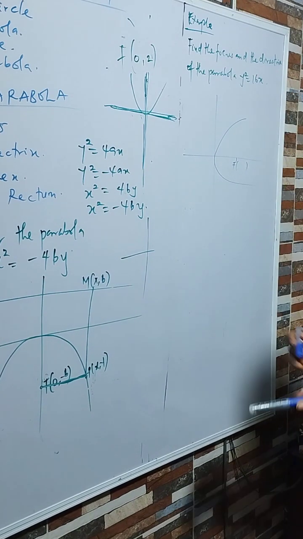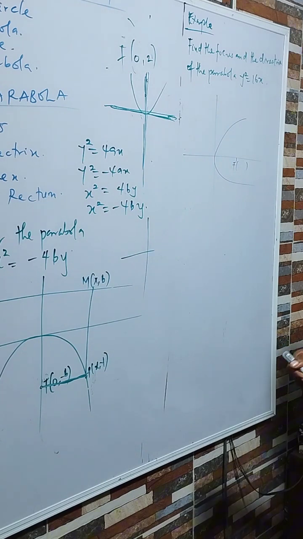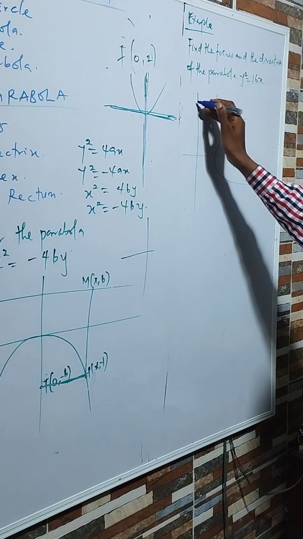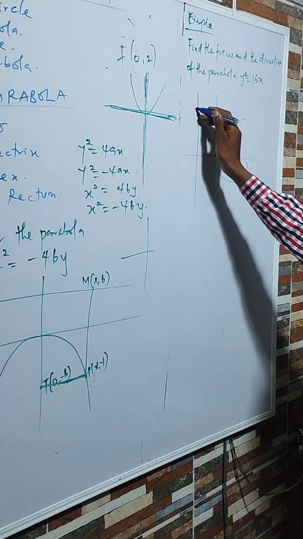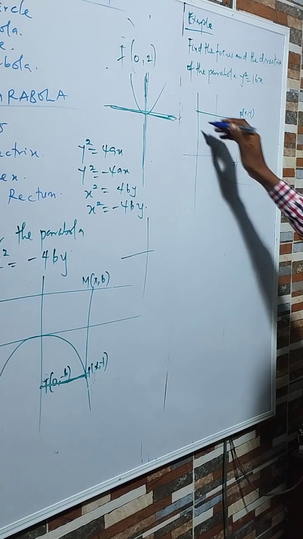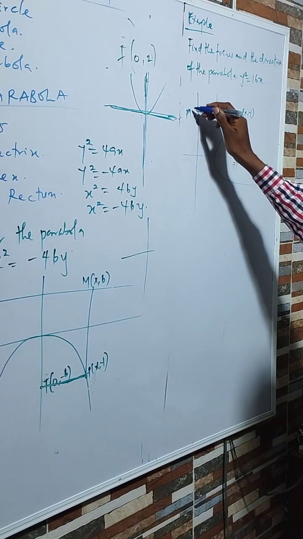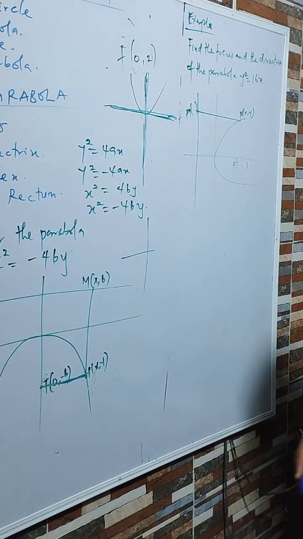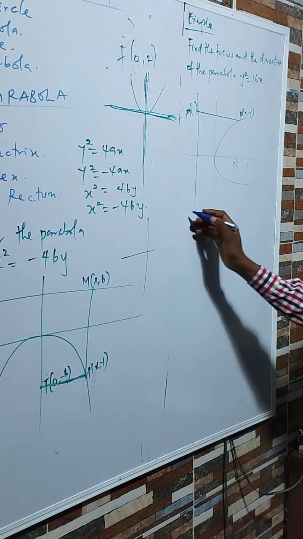To find the directrix of this question, don't forget that this has always been our point P, which is x comma y, and this is our point M. So with this point M, we want to look at what the directrix is here.